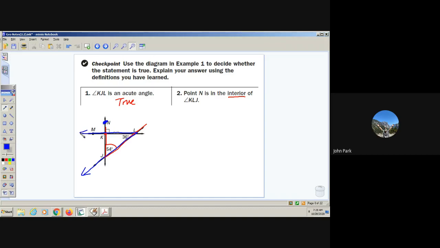The angle continues with the two rays forever, but is N inside of this angle? No, because N is over here on the top. So that's false. It's actually on the exterior of that angle, on the outside. So that should be easy to tell.